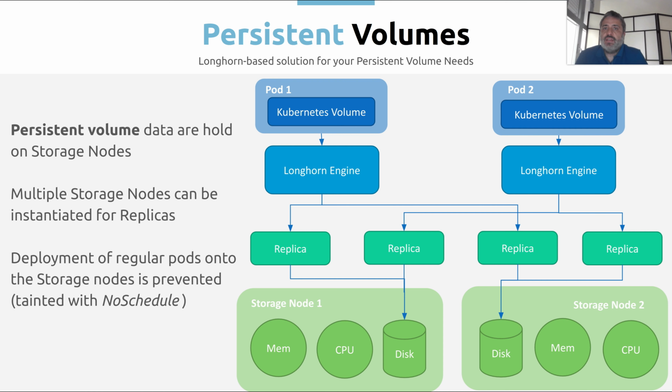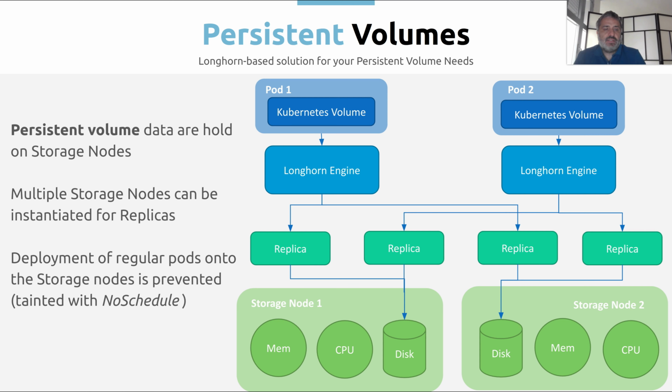The Longhorn Retain storage class is useful in order to prevent accidental deletion of data. So when a persistent volume claim is destroyed, the persistent volume is not destroyed, so it must be destroyed manually when you use this kind of storage class.